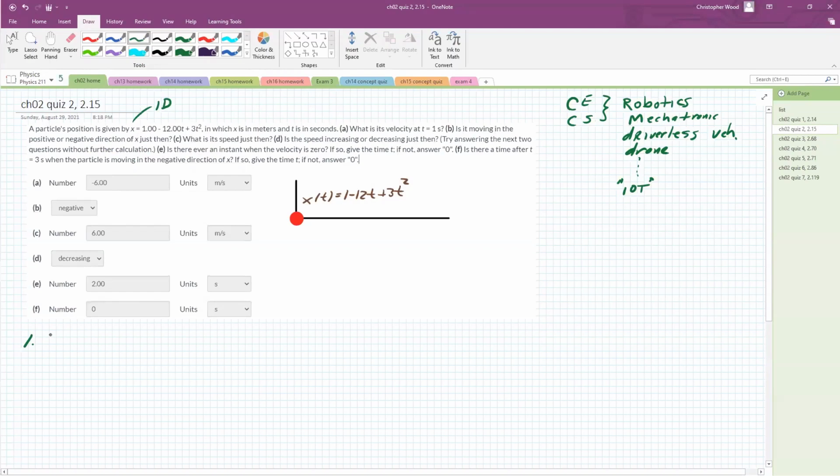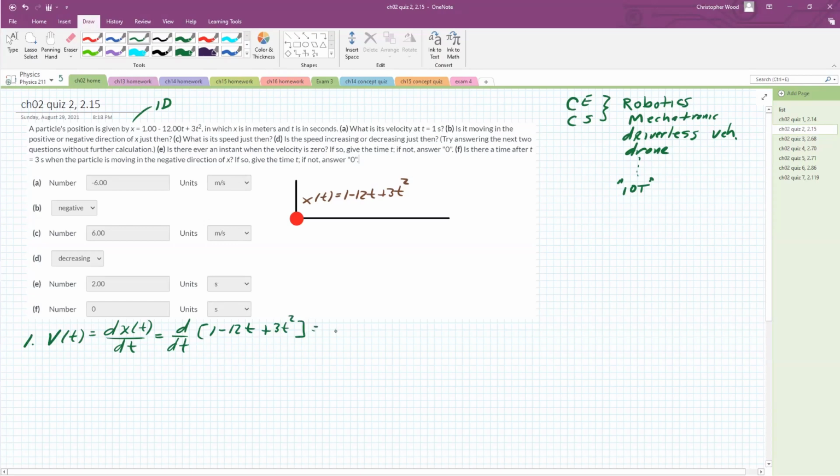So once again, velocity, which is a function of time, is defined as the time rate of change of position. We've done this before. So all you have to do is take the time derivative of this function. For me, it's 1 minus 12t plus 3t squared. And I know how to do the power rule in calculus.